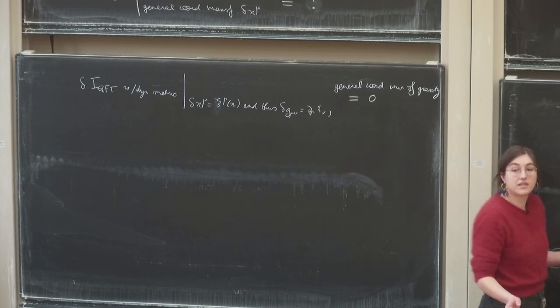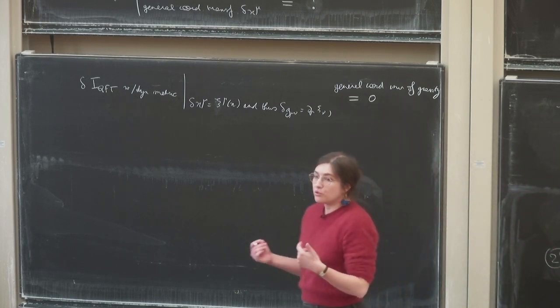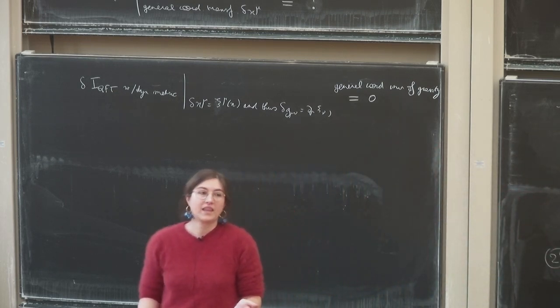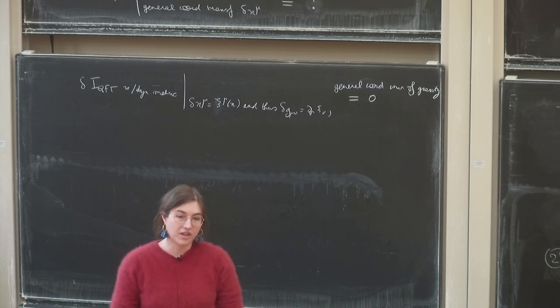But it's actually the same metric. In an active point of view, your dynamical fields can change because you're moving your points. So it's a more physical way of describing these transformations. In that picture, your dynamical fields will change, but your background fields will not.